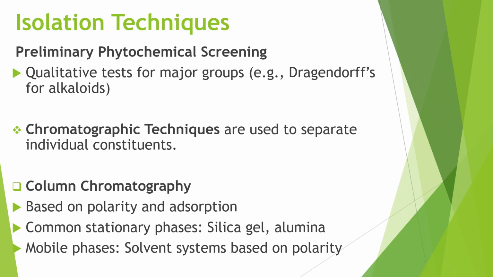Then moving towards chromatographical techniques, which are used to separate individual constituents present in a mixture. As far as the extracted material is concerned, we are assuming a product which is a little concentrated, where in the extracted mass different components which can be easily extracted from the given plant material are mixed together and present as a mass.